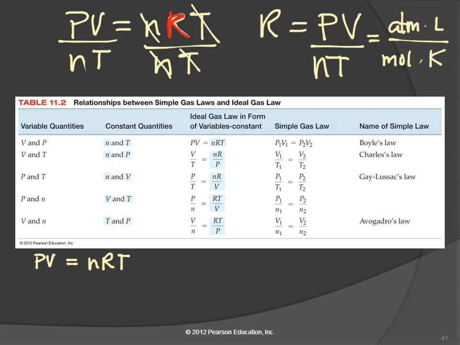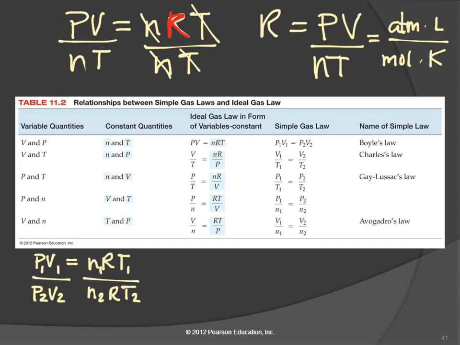So if I say that's condition 1, and if I divide this by PV equals nRT under a different set of conditions, that's still an equality because this part equals that part. So I'm dividing both sides by the same thing. It's like dividing one side by 4 and dividing the other side by 2 times 2, right? They look different, but they're the same.